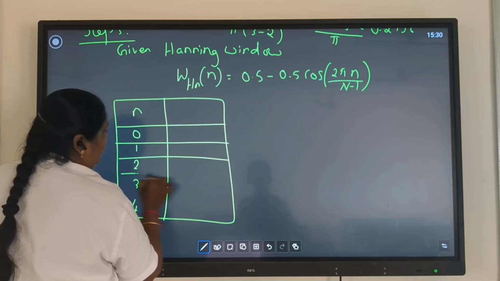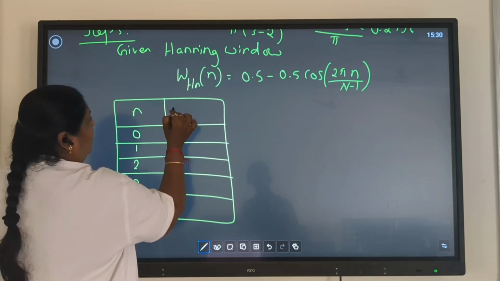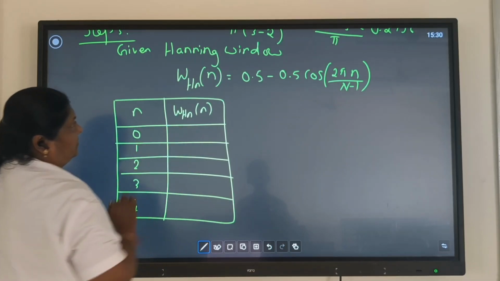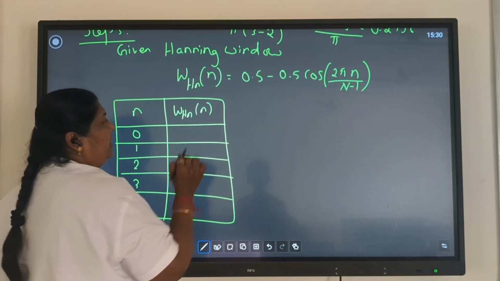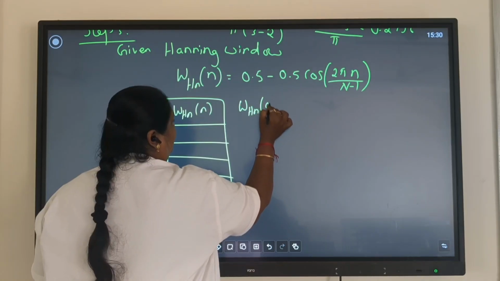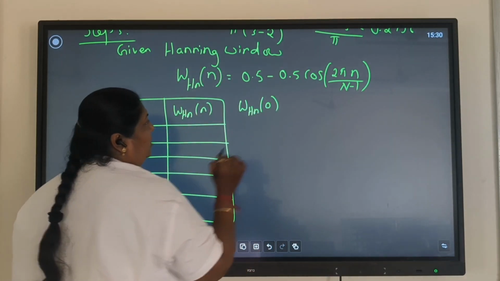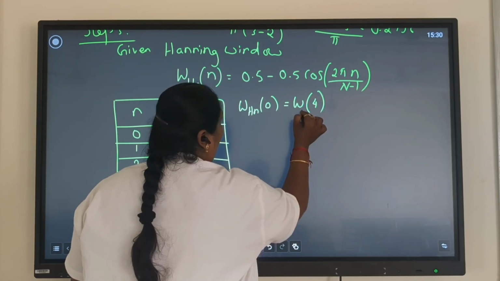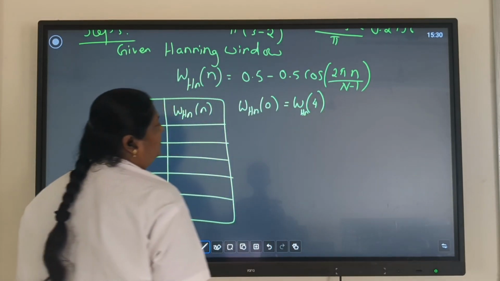I am going to find the value of the Hanning window. By symmetric condition, W of 0 will be equal to W of 4.